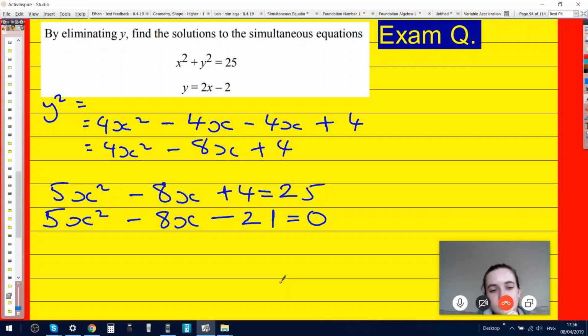This is 5x squared, so you have to find two numbers that multiply to make 5 times minus 21 and add to make minus 8. So that's minus 105.